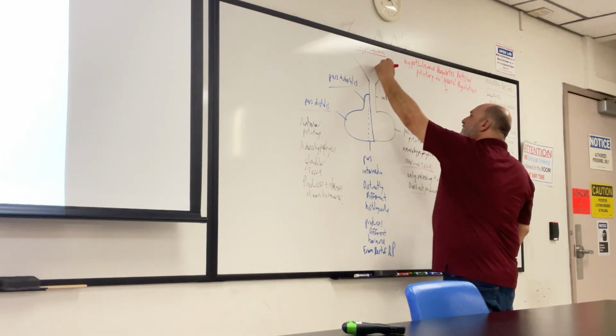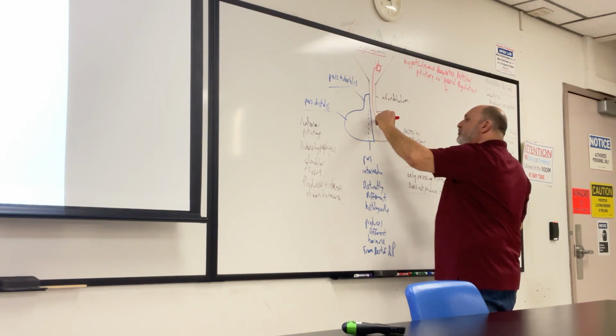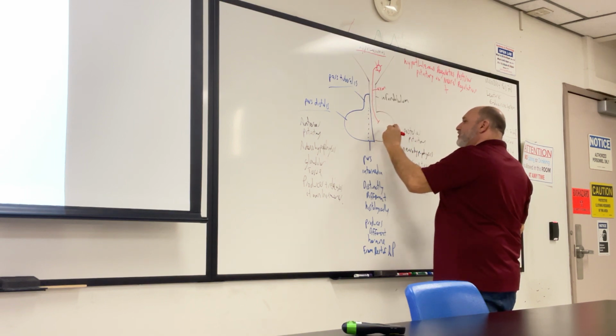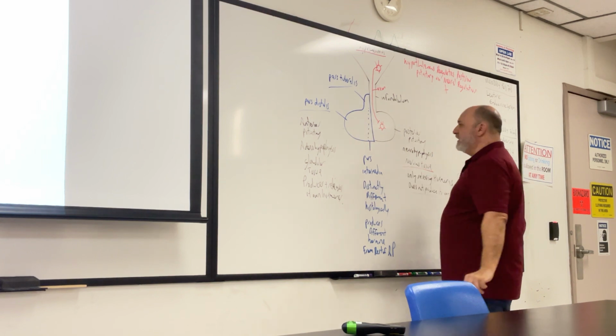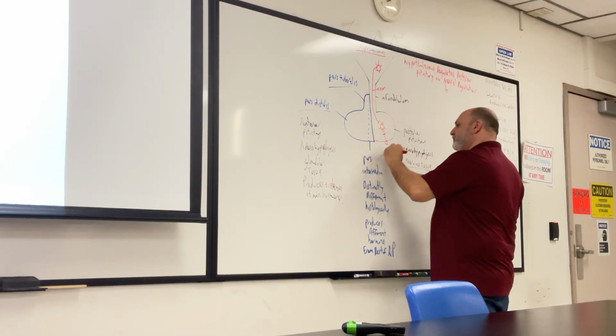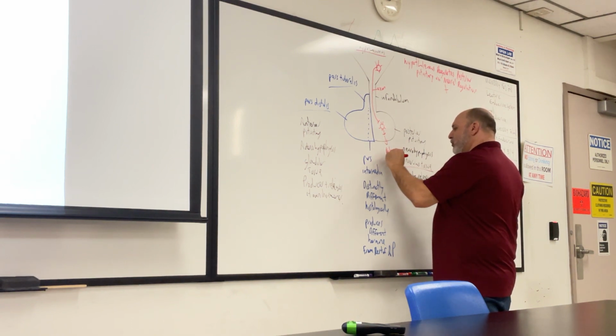Here in the hypothalamus, there are neurons whose axons travel down the infundibulum to synapse on the neurons in the glial cells here in our posterior pituitary, causing them to release their hormones.